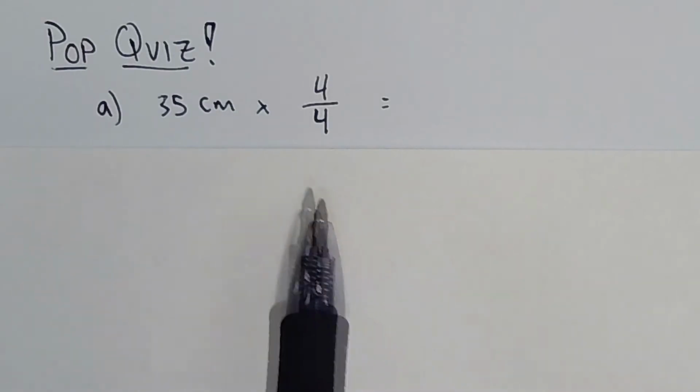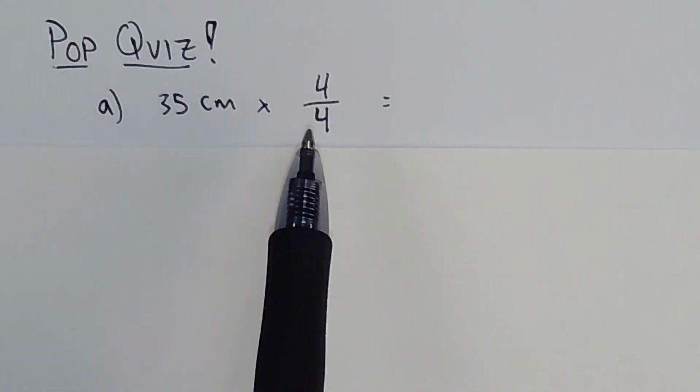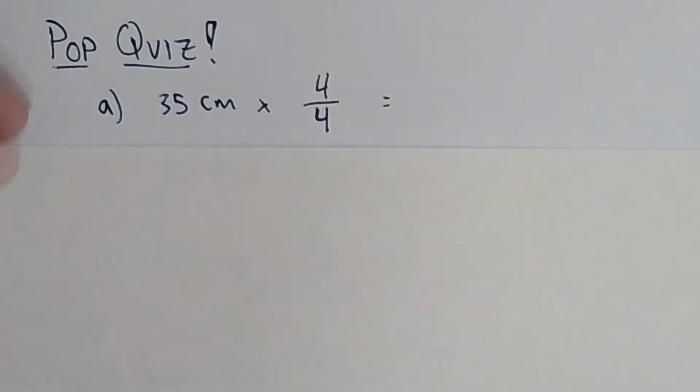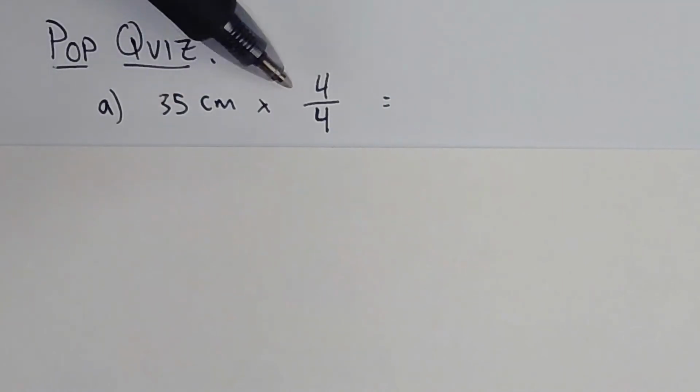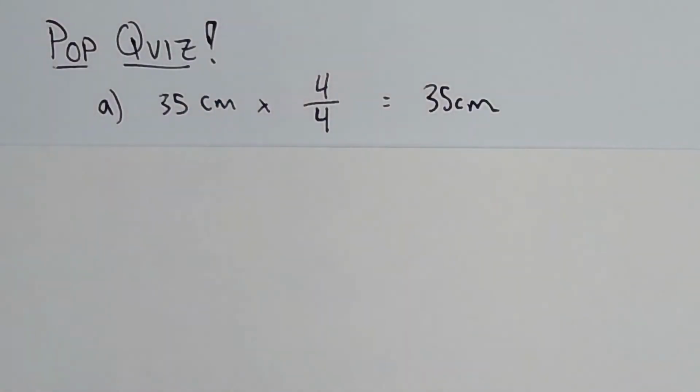Since the value on the top equals the value on the bottom, this is effectively equal to 1. And anything times 1 is just itself again. So 35 centimeters times 1 is just going to be 35 centimeters again. So that's an easy one.